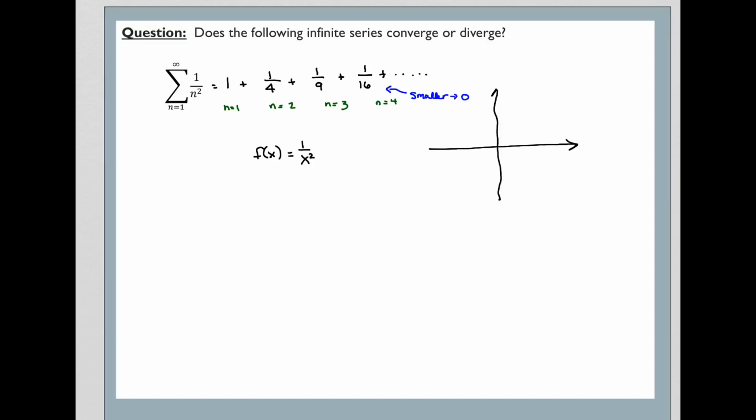So I'm going to go ahead and graph the function 1 over x squared first. Remember, 1 over x squared is a rational function. It has asymptotes along the x-axis and the y-axis.